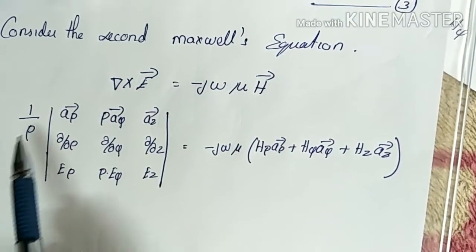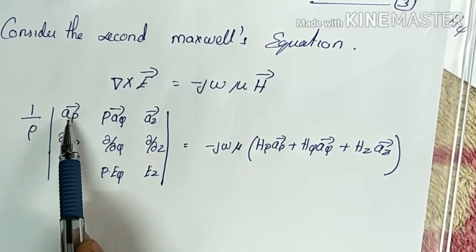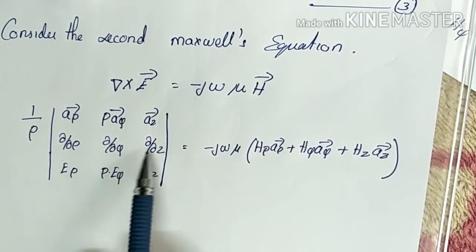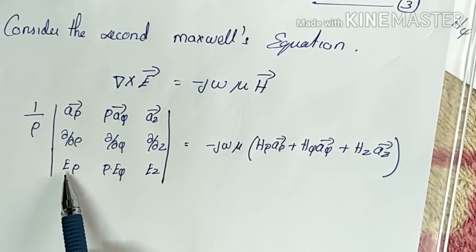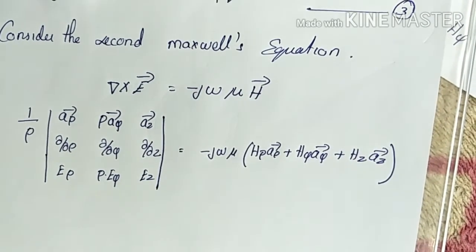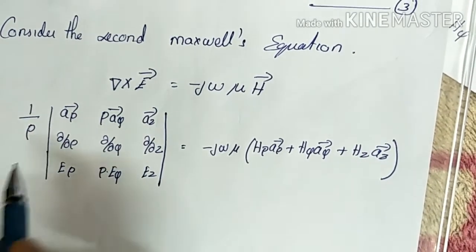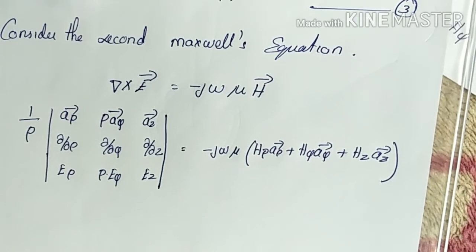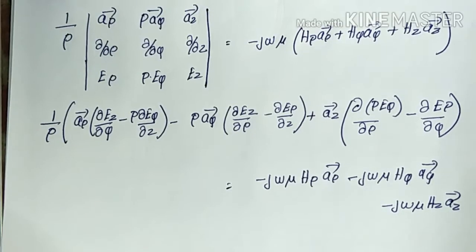So 1 by rho, A rho vector, rho into A phi vector, Az vector; dou by dou rho, dou by dou phi, dou by dou z; E rho, rho into E phi, Ez is equal to minus j omega mu into h vector. Now expand this matrix and equate the A rho, A phi, Az coefficients.